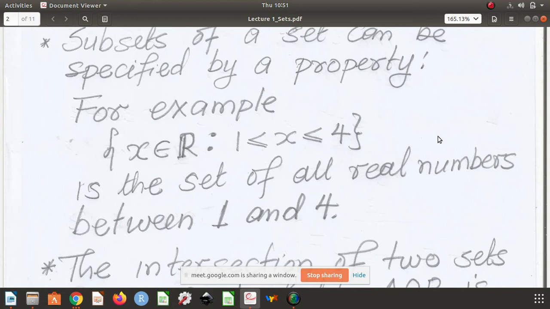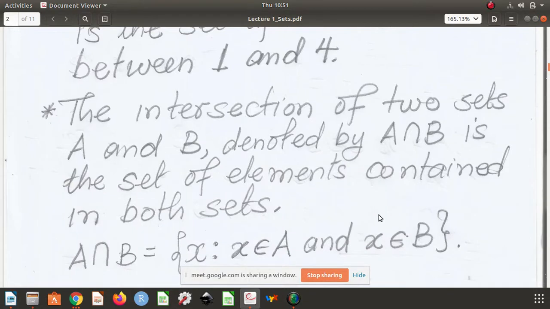You can't write them down. If they were integers, you could, but if they are real numbers, you cannot write them down. There's an infinite number of possibilities between 1 and 4. But this describes the set, so if you're given any number, you'll be able to tell whether the number belongs to this set or does not belong to this set. So for instance, 5 will not be in that set.